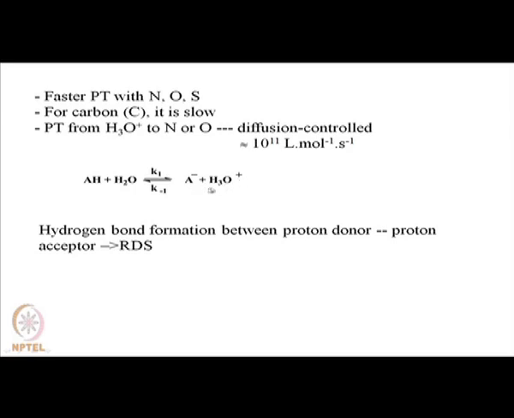The back reaction is the back proton transfer to give you AH. This is your acid, its corresponding ion, this is the base, corresponding H3O plus. Hydrogen bond formation between the proton donor and the proton acceptor is the rate determining step.